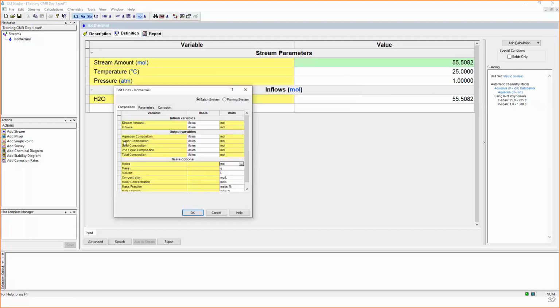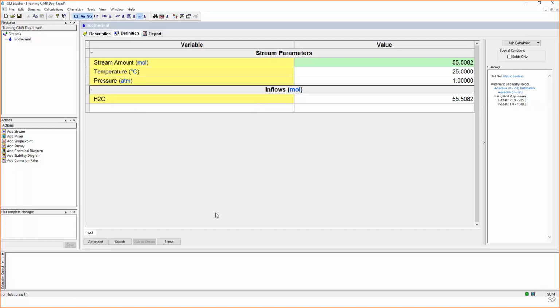It opens the units manager, and you look for inflows, and sure enough, it's defined as moles. You can always change it to whatever you prefer, mass, concentration, etc. But for this example, we're going to leave it in moles. So let's cancel that. I just wanted to show you the ability to change the units here with the hyperlink.